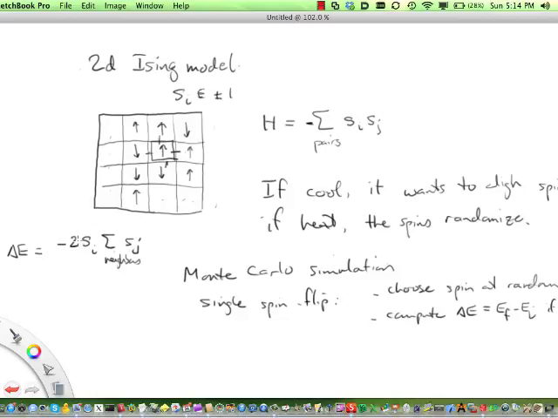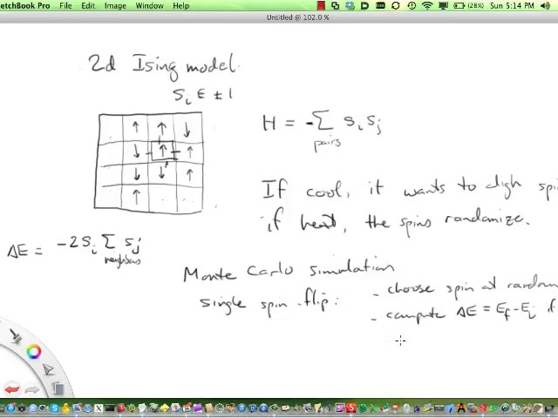Because if it's favorable now and you flip it, it's going to cost you 2, because you go from -1 to 1 on that bond, and so this is the sum over the different bonds that that spin has, and so that's the energy change. Whereas if it was unfavorable now, then you'll gain 2. You go from a +1 contribution to the energy to a -1 contribution.